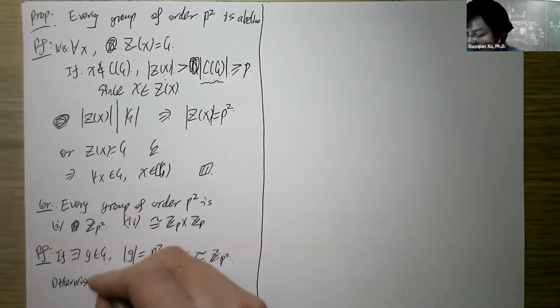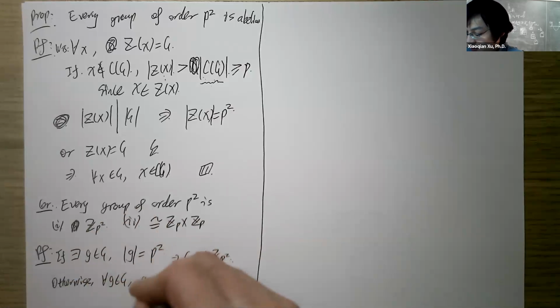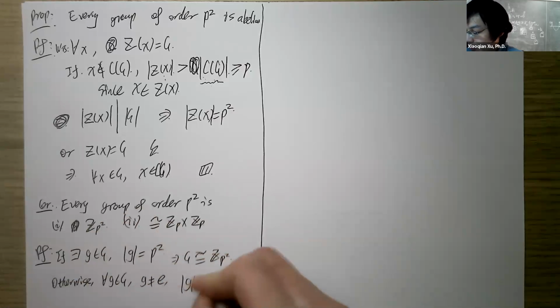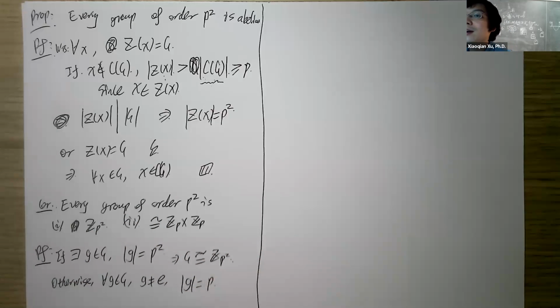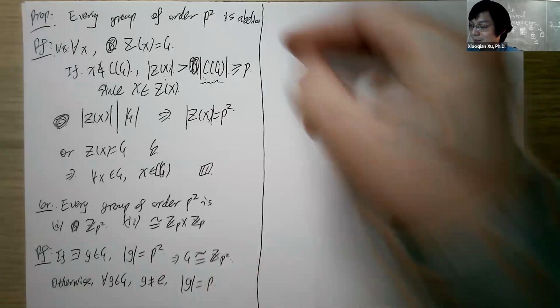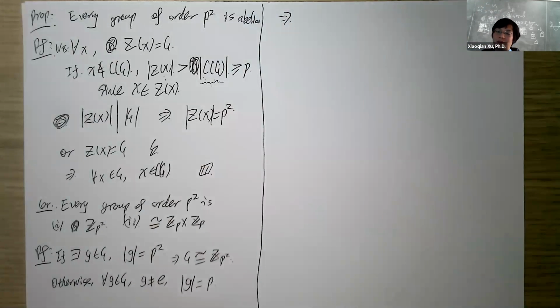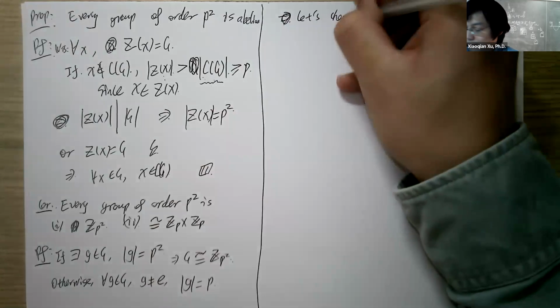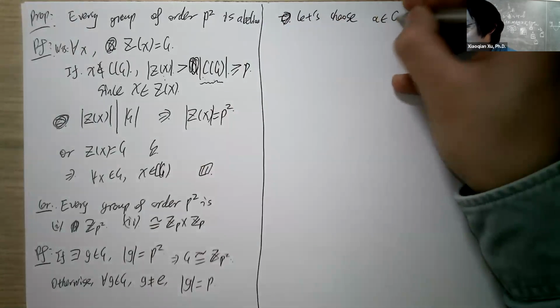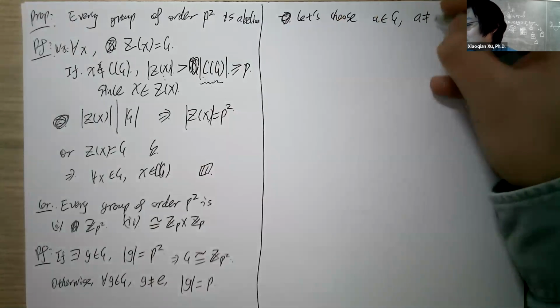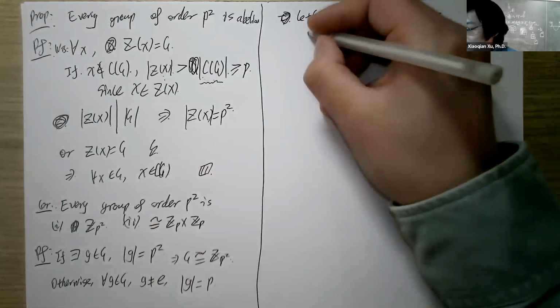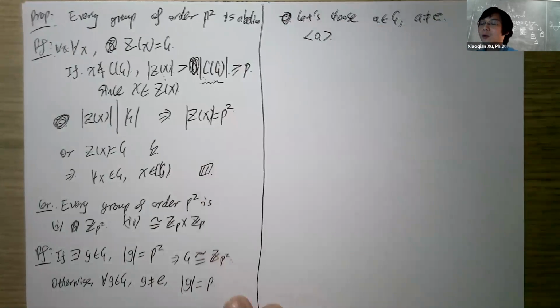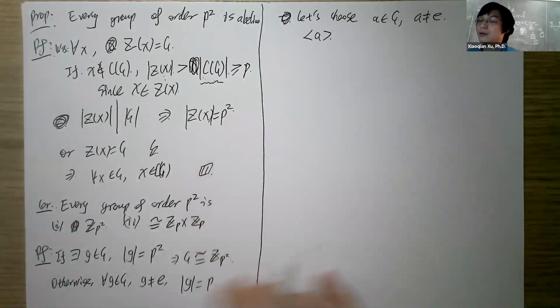Otherwise, every element g in G that is not the identity has order P, because the order of an element must be a divisor of the order of G. So let's choose a in G, a not equal to identity, and we have the cyclic group generated by a.